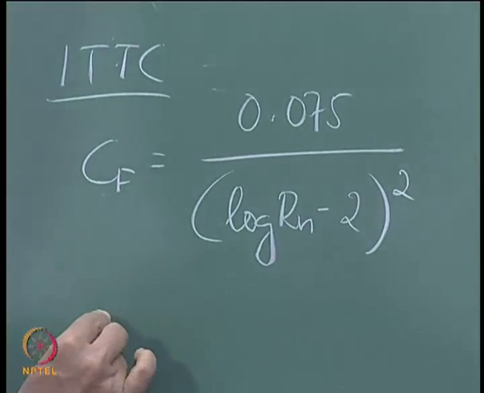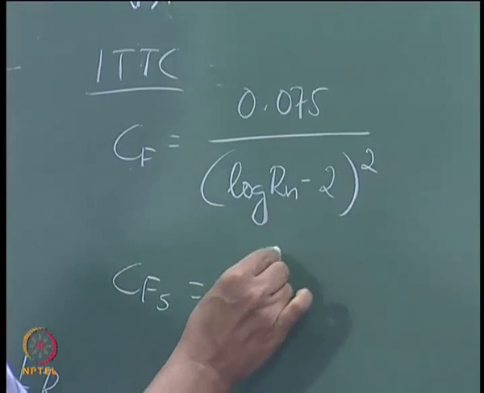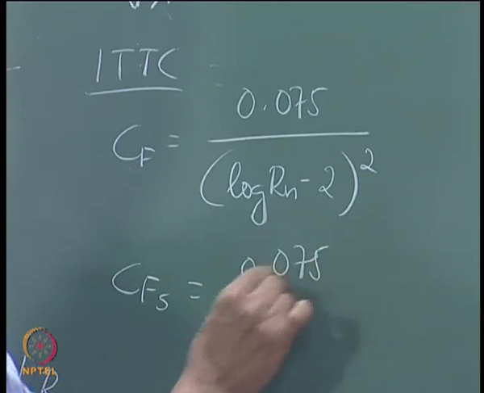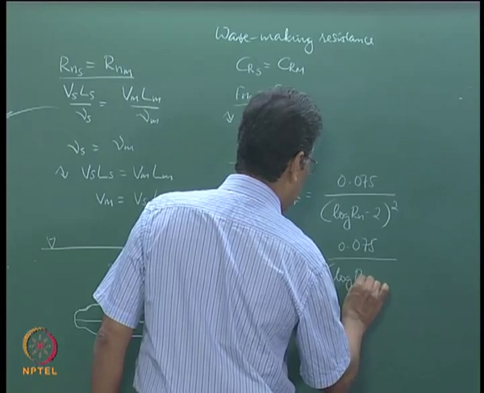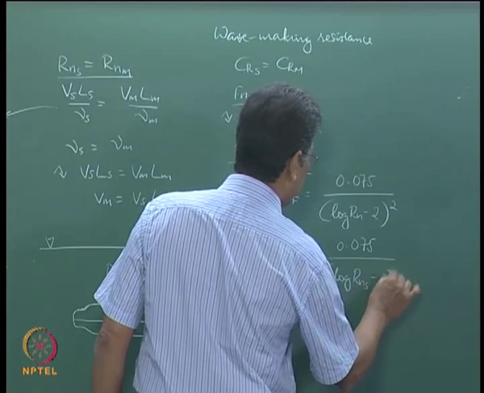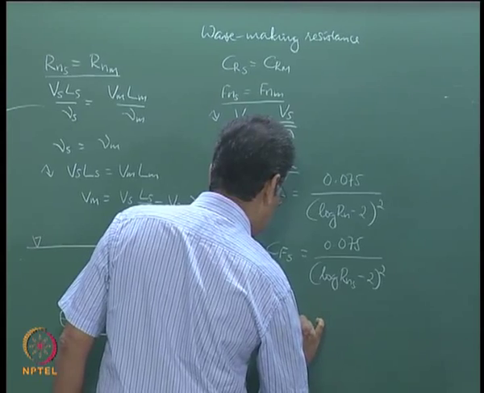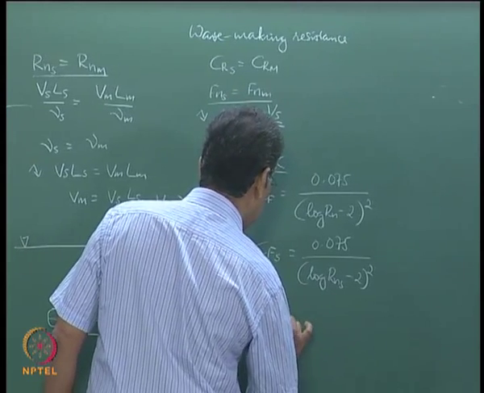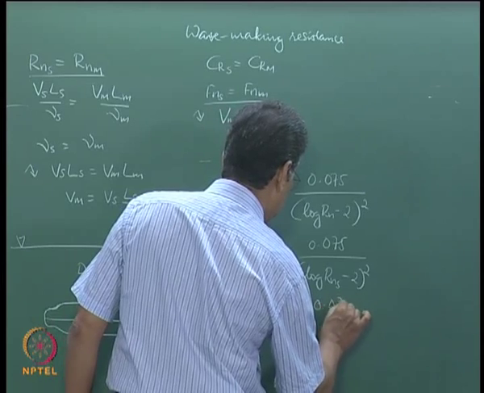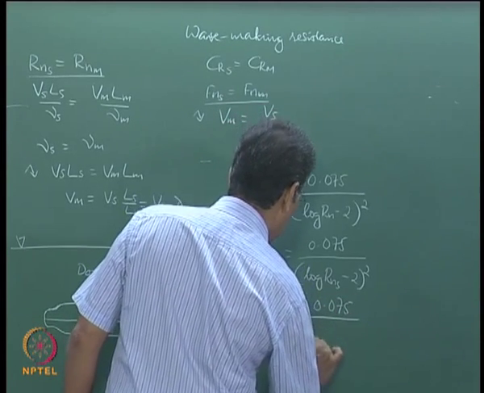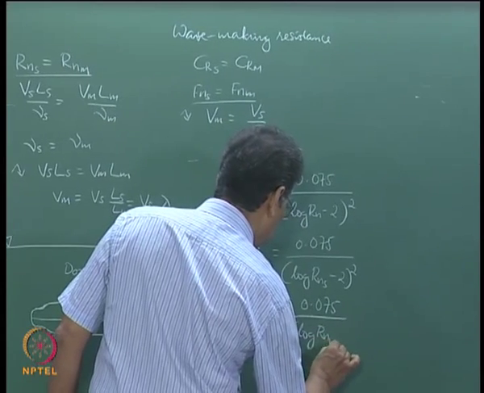If you are using it for Cf of the ship, what you use is 0.075 divided by log Rn of ship minus 2 the whole square. And for the model you get 0.075 by log Rn of model minus 2, the whole square.